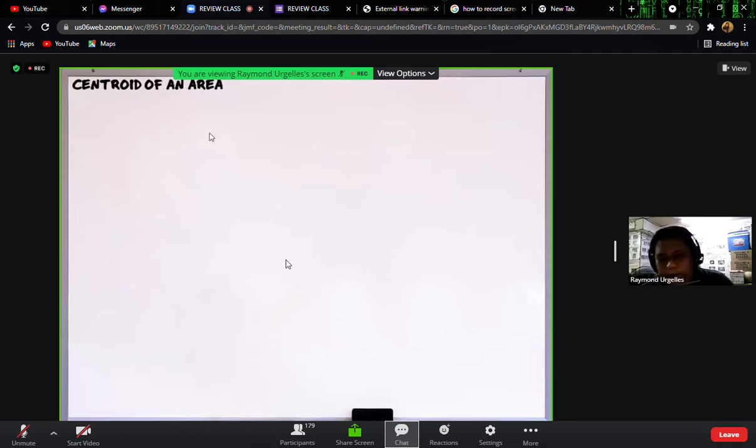So we have the centroid of an area. Let the centroid of an area be given by G, such that its coordinates are X bar, Y bar.